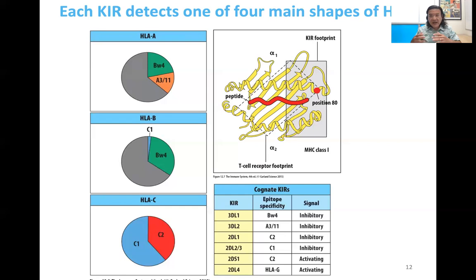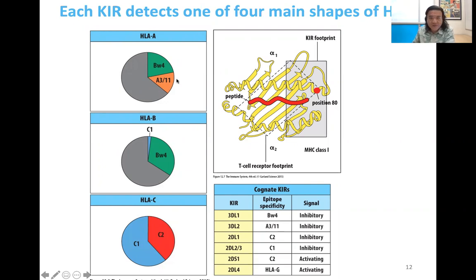So the reality is that these NK cell receptors that are in charge of detecting variations in HLA proteins, so that they can still read whether a target cell has normal levels of these proteins on them, really only have to be able to detect maybe 3 or 4 different variations in shape. Right? So as a result, for example, look at this here.